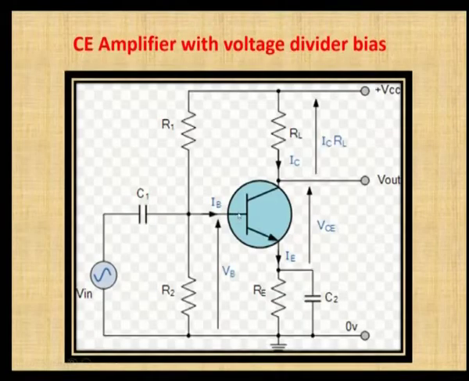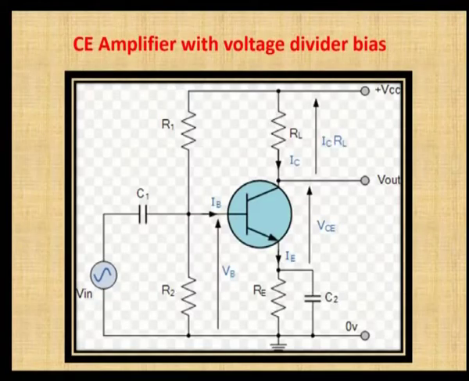In reverse bias, we know that the current flow is very, very low. For the transistor to produce better amplification, the input junction must be forward biased and the output junction must be reverse biased.